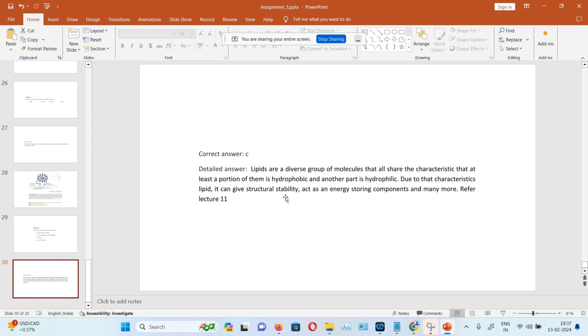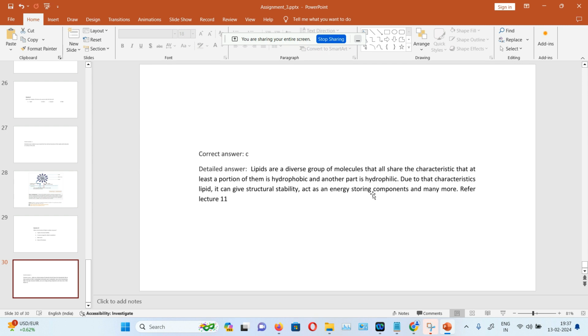Lipids are a diverse group of molecules that share the characteristic that at least a portion of them is hydrophobic and another part is hydrophilic. With this characteristic, lipids can give structural stability. They form a vesicle kind of structure. If you put lipids inside a water-based hydrophilic system, the hydrophobic portions go to the core and the hydrophilic ends are at the surface, forming a globular structure. This structure gives structural stability.